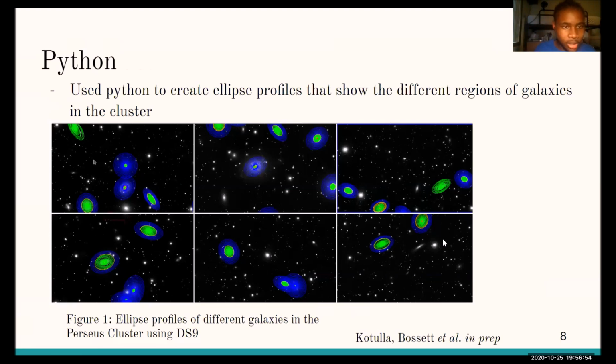As you can see here, in particular, the galaxy on the upper left has a bit of green in the center. That's where the program identified the center of the galaxy. The blue is showing the outskirts of the galaxy. That allows the program to show these are the different regions of the galaxy, and to identify whether the center is brighter or the outskirts are brighter.